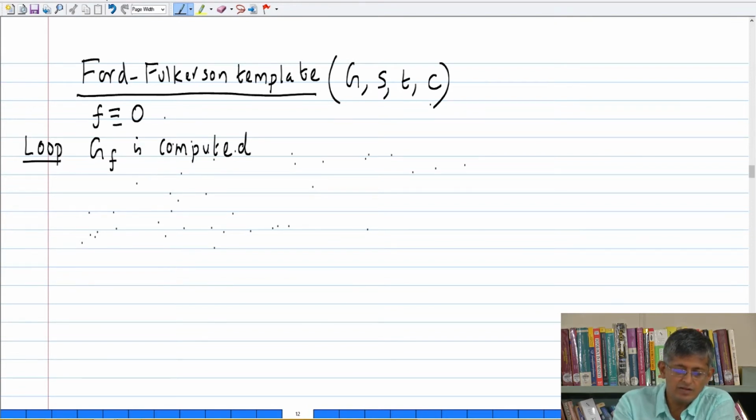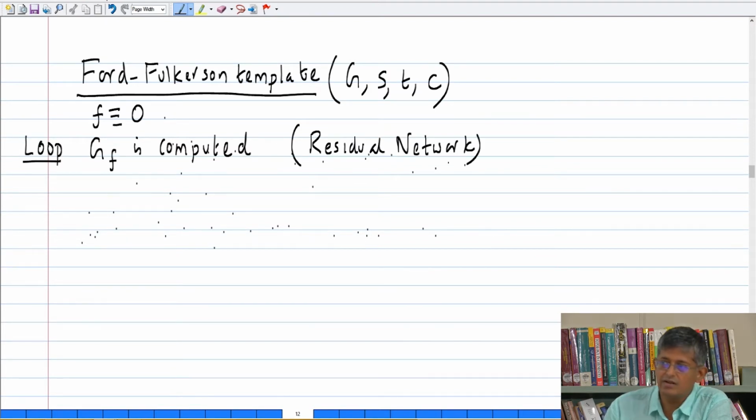I will define what GF is, and GF is called the residual network. Intuitively, you can imagine the residual network is a network that somehow encodes information about how much more capacity is available on all the arcs. It's a very loose way of speaking. I will formalize a residual network shortly.